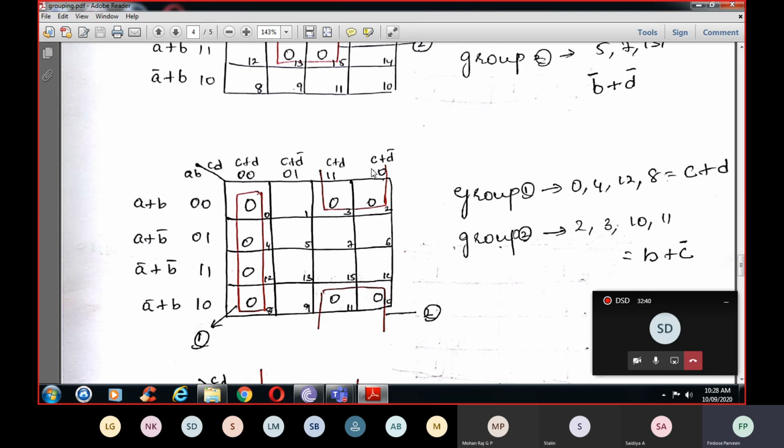It corresponds to this column and this column. So what is common? It is C bar. So this is C bar plus D bar, here it is C bar plus D. Okay, there is a mistake here. It is B plus C bar.